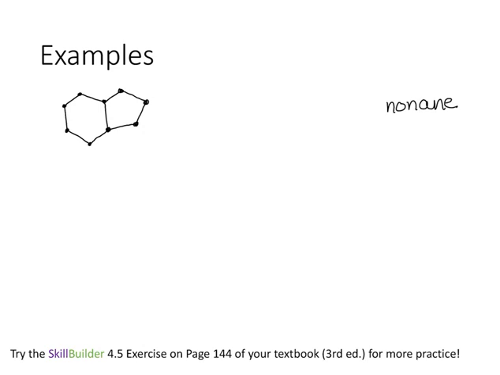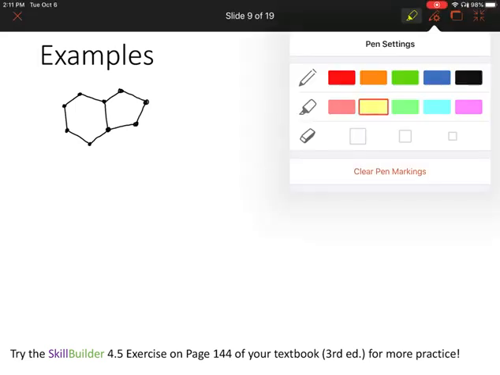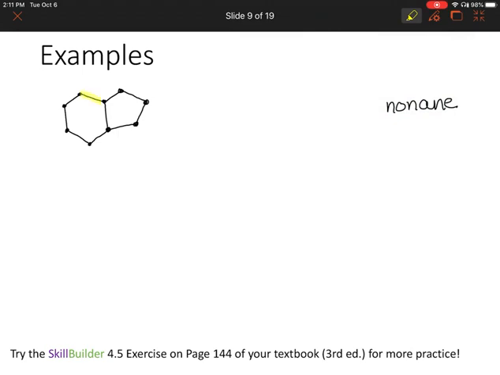All right, and then the next step, we have to figure out how long each of the bridges are. So let's highlight our bridges. One bridge is on the left. One is on the right. And there's actually one in the middle.